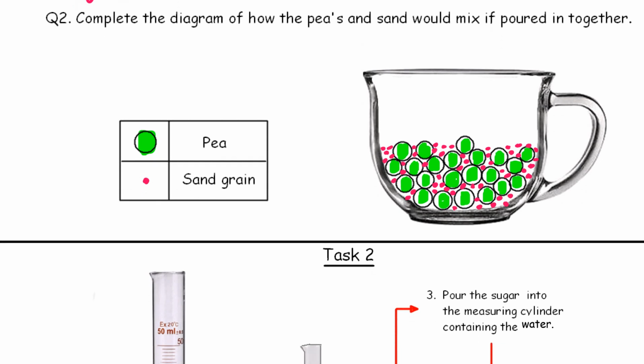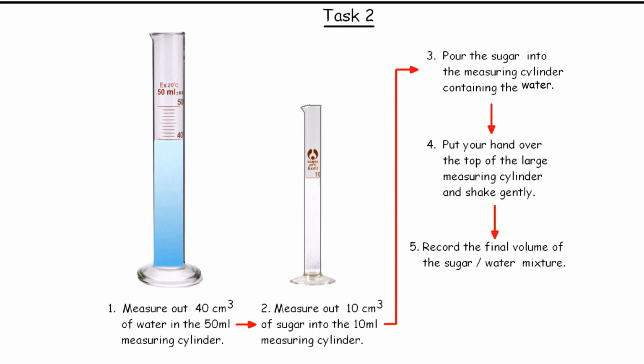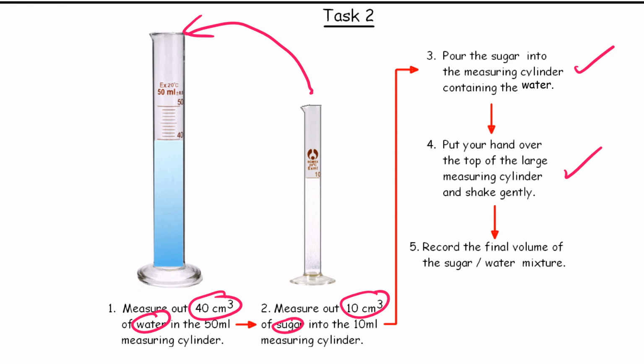Now, if we move on to exactly the same task, but this time we're not using peas and sand. This time we're using water, 40 centimetres cubed of it, and 10 centimetres cubed of sugar, and we'll add the sugar into the water, and then we'll gently shake the measuring cylinder, making sure that none of the water or sugar can escape from the top, and then we record the final volume.